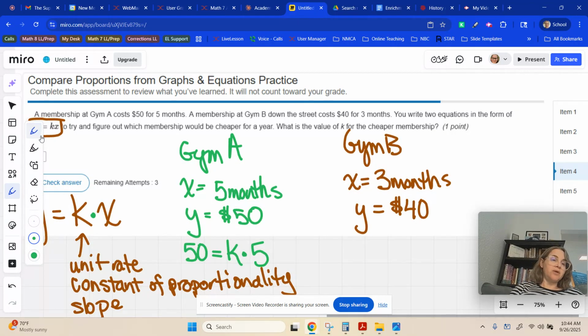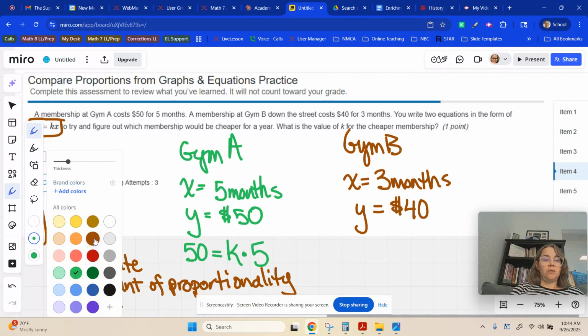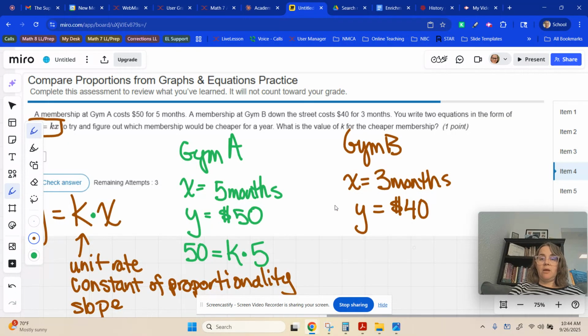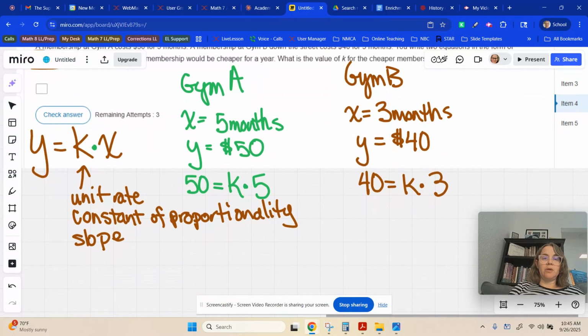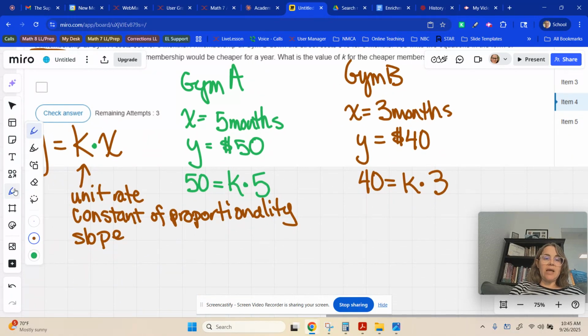Let's do Gym B's equation. Okay, y is 40, so y equals k, we don't know k, times x. X is 3. All right, now what I can do here when I have equations is I could solve them. Okay, and then I'll know what k is.